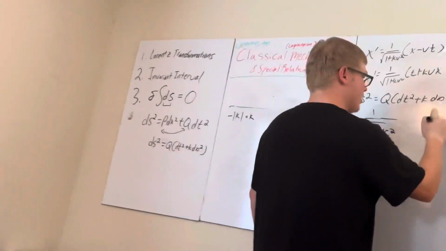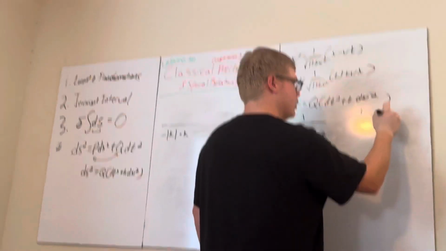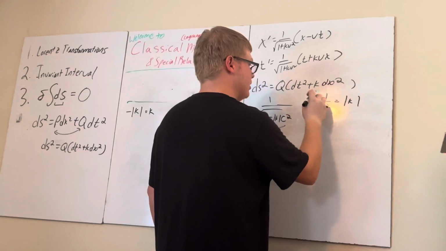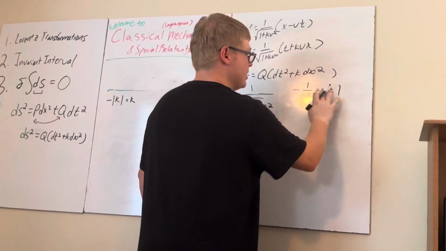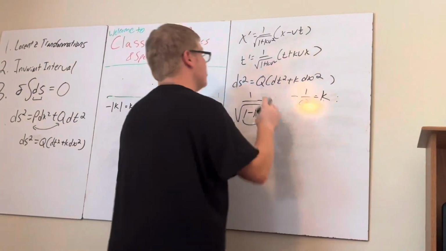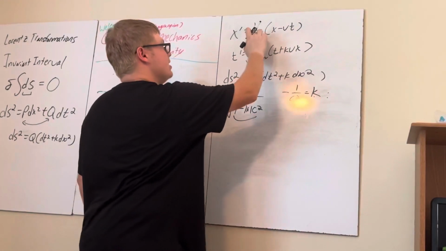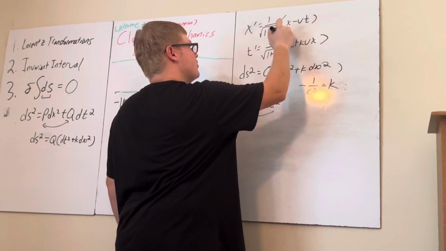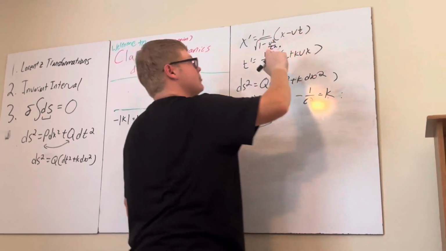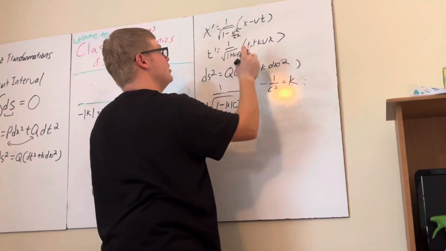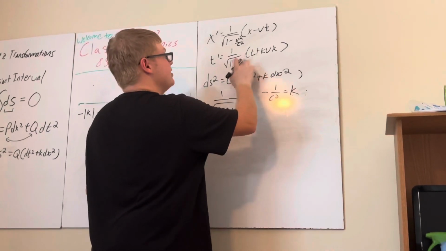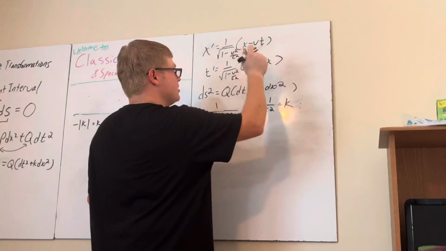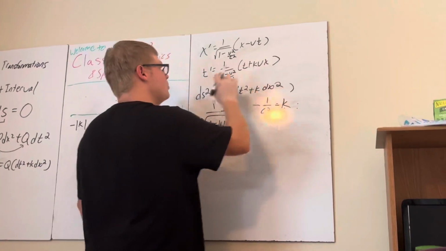So we're going to redefine 1 over c squared equals the absolute value of k, and negative that to get k. We're going to rewrite these now. k equals negative 1 over c squared, the special speed that's the same to all inertial observers. Now see, if I had started with that idea, this would have probably been chopped down a lot, but I kind of like to build things from as few principles as possible.